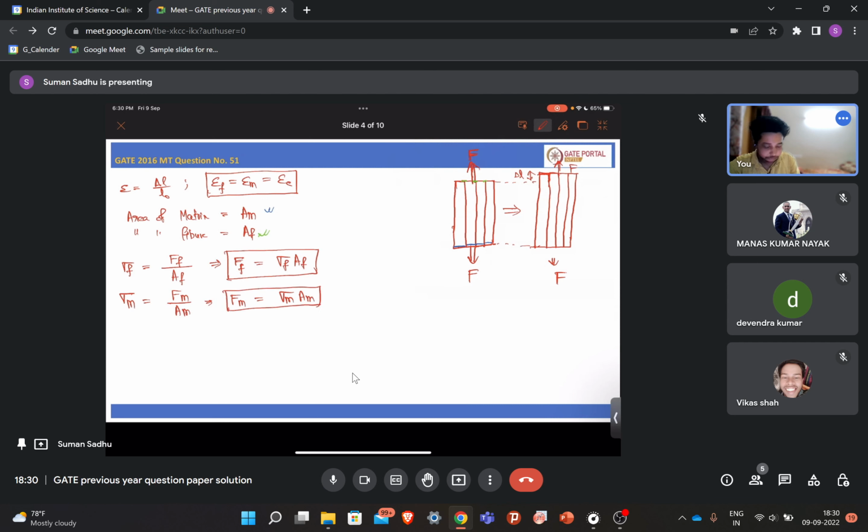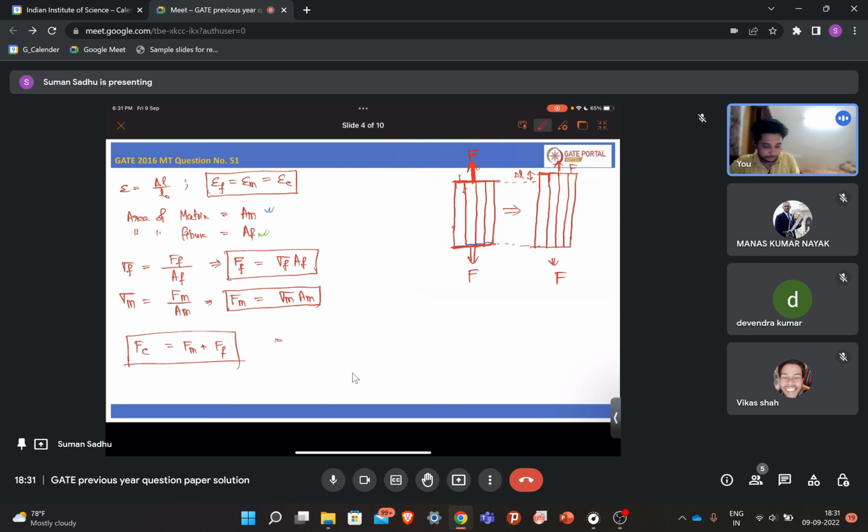Now your force has to be balanced, right? The force on the composite should be the force on the matrix plus the force on the fiber, because you are applying the force along this composite. This force will be divided into a matrix part and a fiber part, but the total force has to be balanced.